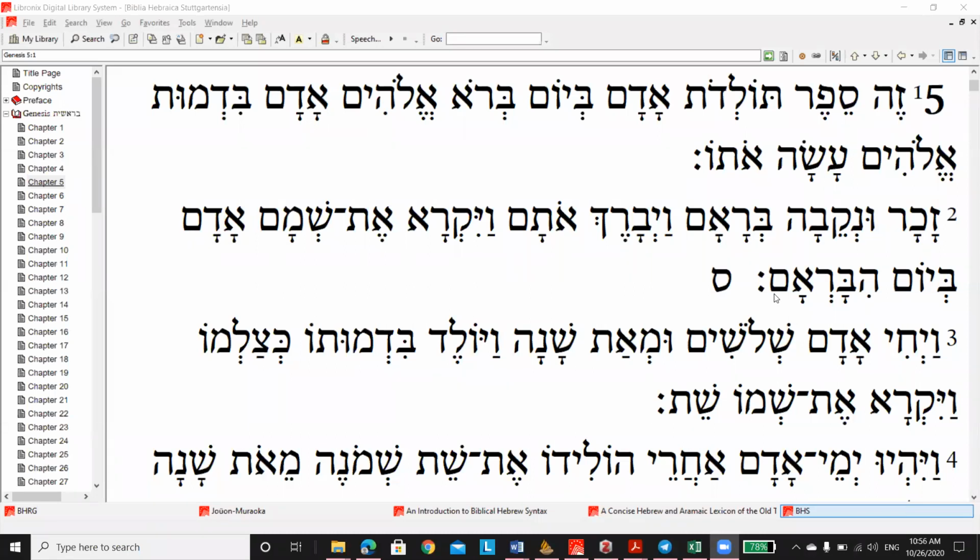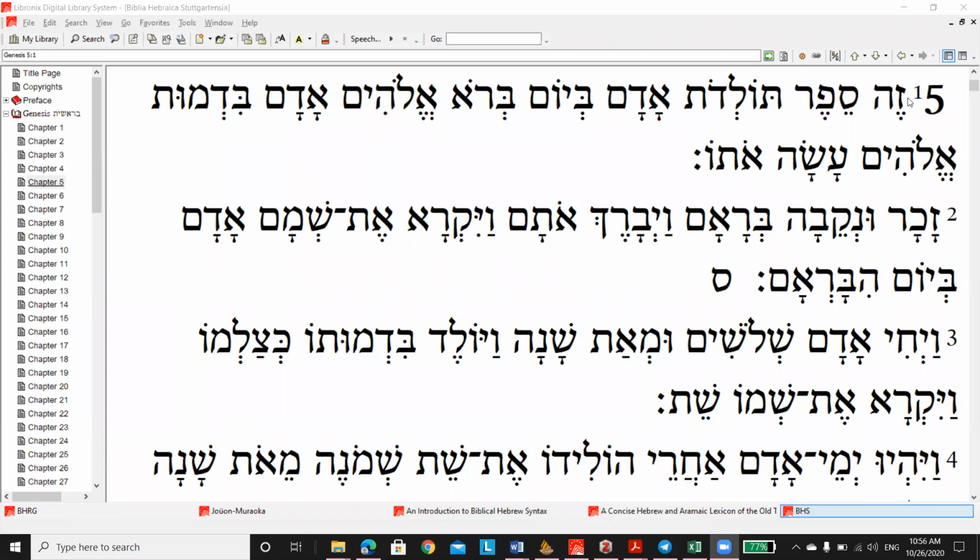Okay, who can read the first verse? Ze Sefer Toledot Adam Beyom Ber'o Elohim Adam Bidemut Elohim Asa Oto. So now let's try to translate it.